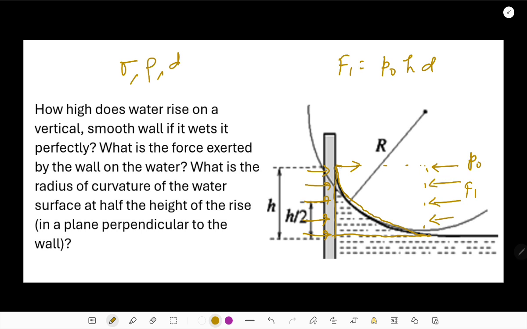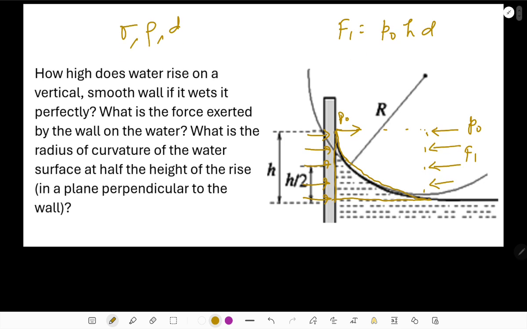And this pressure is varying. The pressure P0 is only here, and the rest of the part is inside the liquid, so pressure will keep varying. We know that the pressure at a distance x from the top can be simply written as P0 minus rho g x, where rho is the density of water and g is the acceleration due to gravity.